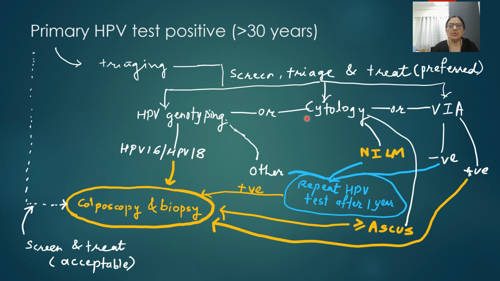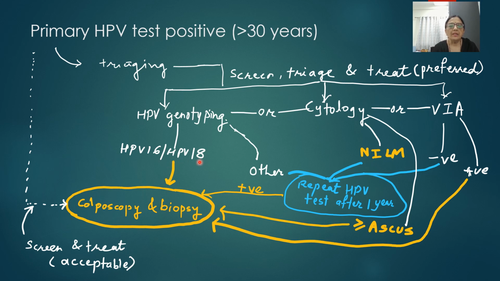And the studies have shown that end results are same, whatever is the method for triaging used, the end result, that means the patient outcome, is same. So if we are using HPV genotyping, then our main reason for doing genotyping is to know whether there is a presence of HPV 16 or 18.